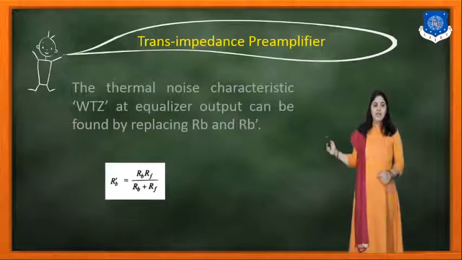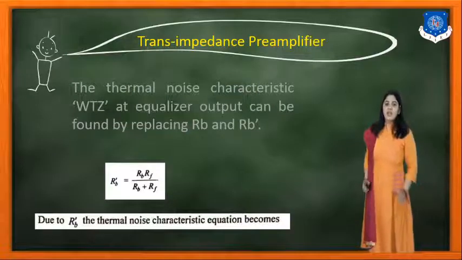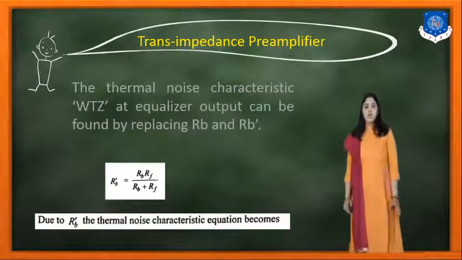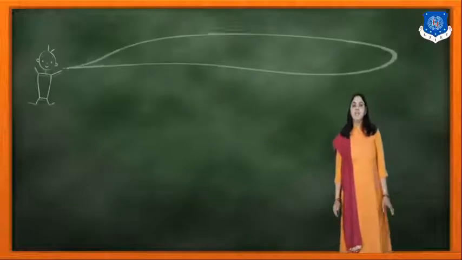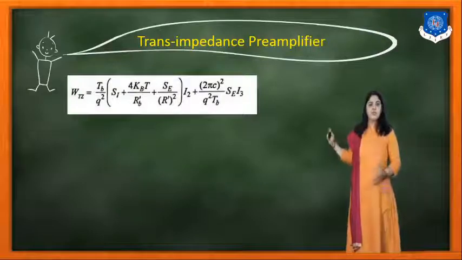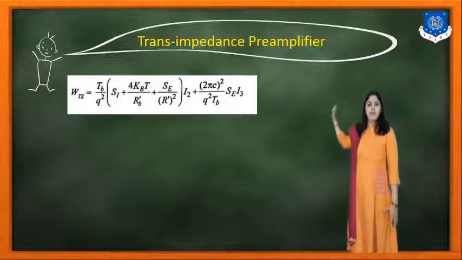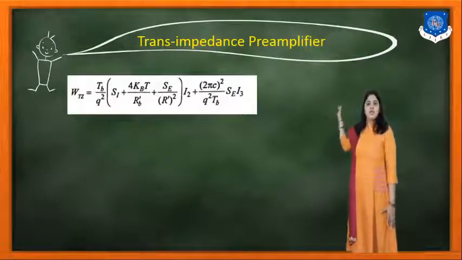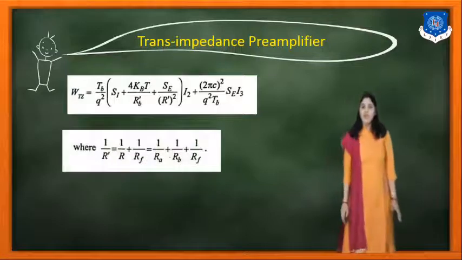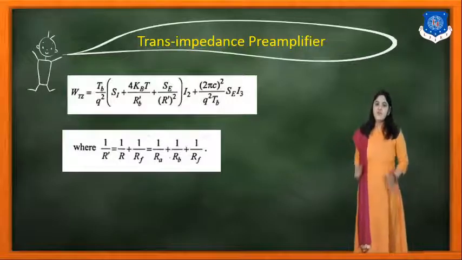So this RB dash is equal to RB into RF upon RB plus RF, and due to RB dash the thermal noise characteristics equation becomes WTZ equal to TB upon Q square in bracket ST plus 4 kBT upon RB dash plus SE upon R dash square into I2 plus 2 pi C whole square upon Q square TB into SE into I3, where 1 upon R dash is equal to 1 upon R plus 1 upon RF.